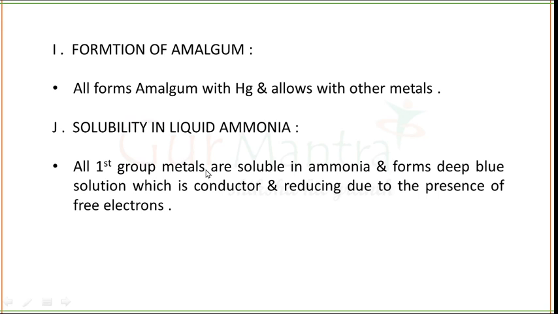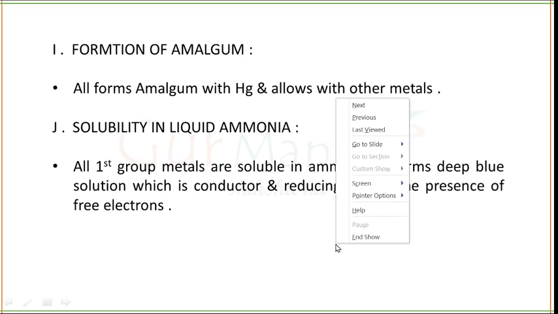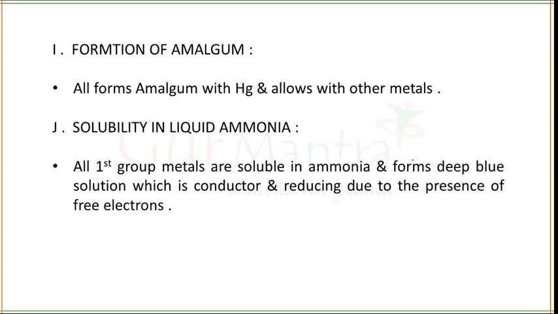All the elements of group 1 are soluble in ammonia and form the deep blue solution. A question can ask, what is the color of the ammonia solution? This is your deep blue color, which acts as a conductor. Why does it act as a conductor? Due to the presence of free electrons.